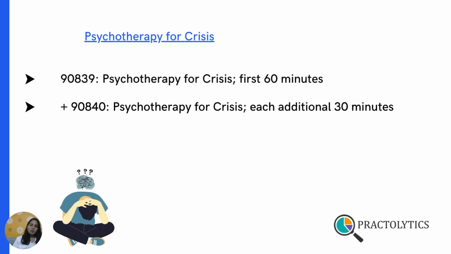It is especially important to document the medical necessity of the situation, the risks involved, any referrals to other services, and communications with other contacts when billing this code. 90840 is used when a psychotherapy session lasts more than 60 minutes, and for each additional 30 minutes thereafter, you can use 90840. List 90840 separately in addition to the primary code 90839. This is all about crisis.